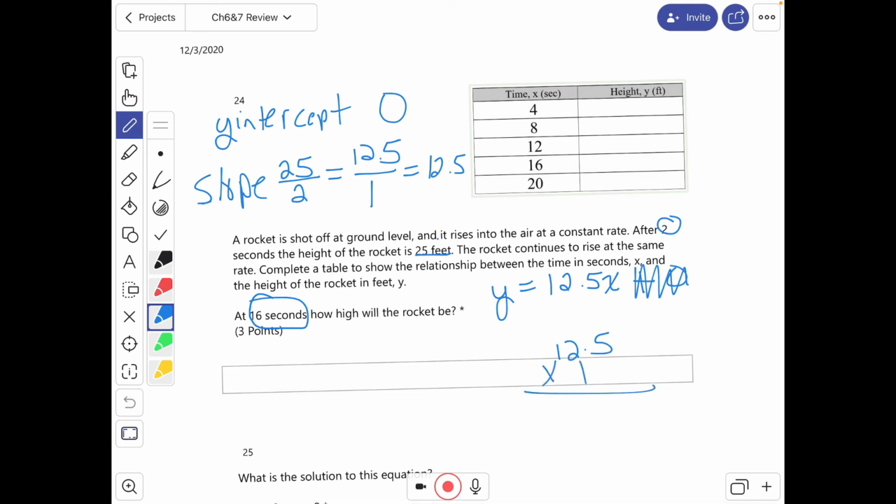So what is 12.5 times 16? Remember to move the decimal over. So it looks like it's going to be at 200 feet.